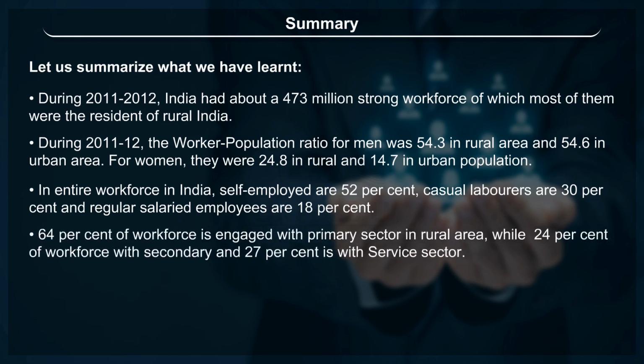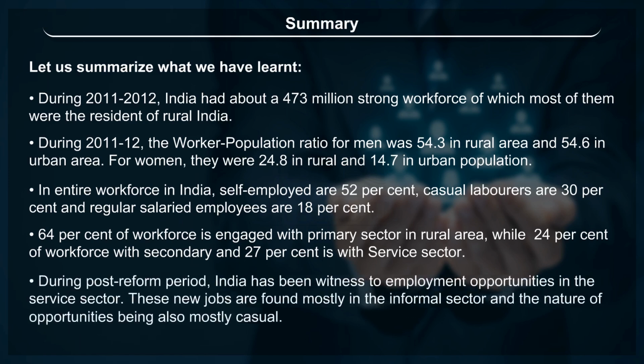64% of the workforce is engaged with the primary sector in rural areas, while 24% of the workforce is with the secondary and 27% is with the service sector. During the post-reform period, India has been witness to employment opportunities in the service sector. These new jobs are found mostly in the informal sector and the nature of opportunities is also mostly casual.